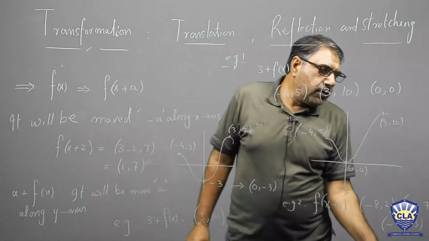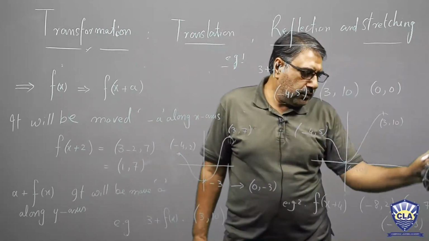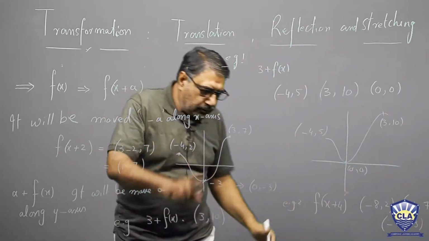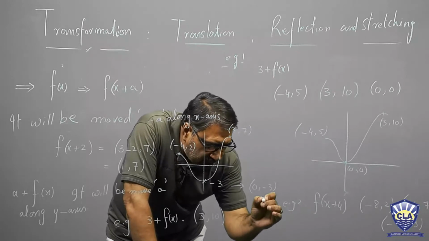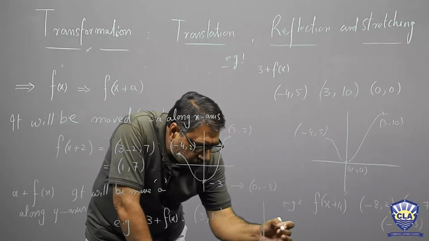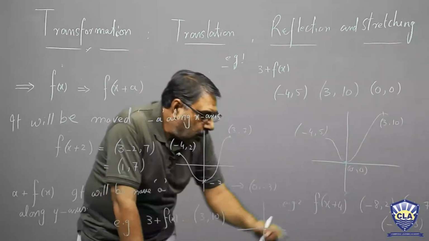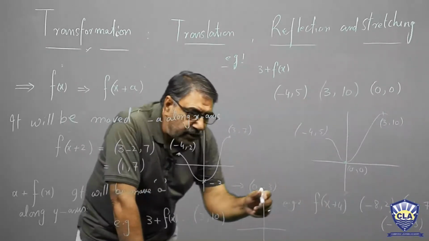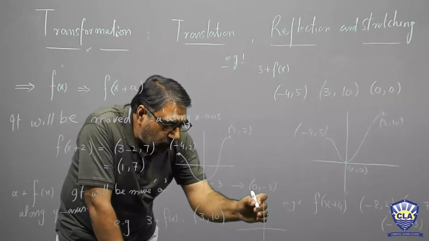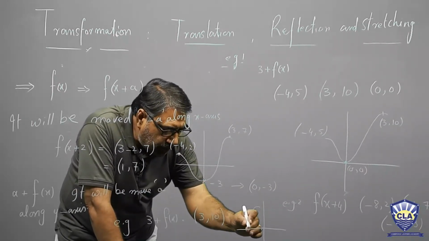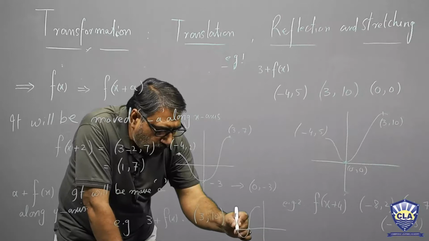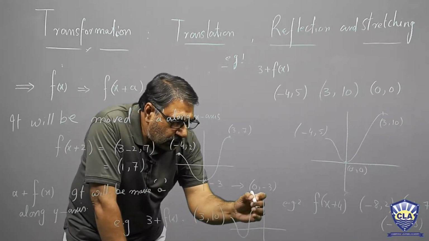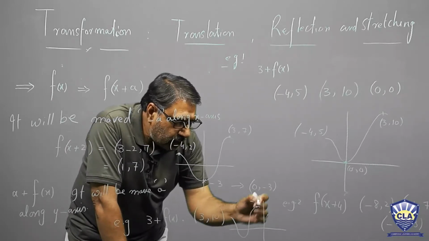Now move this curve. It will be drawn like this. Minus 8, comma 2. Minus 1, comma 7 remains the same. Minus 1, comma 7.